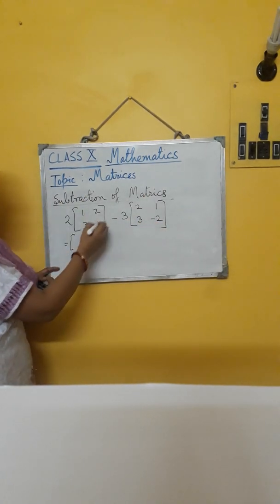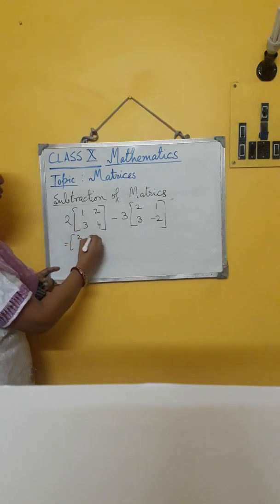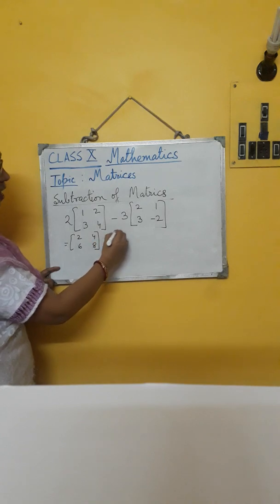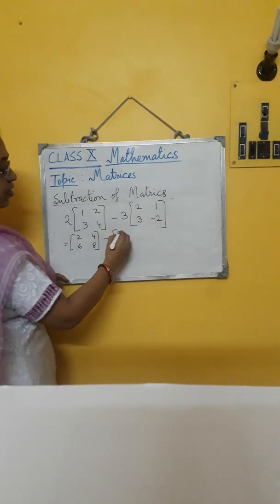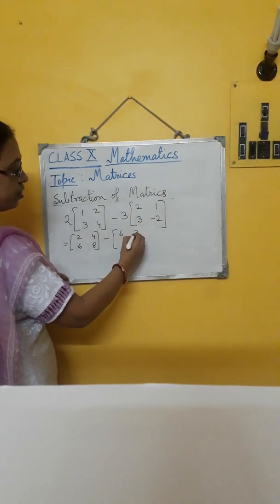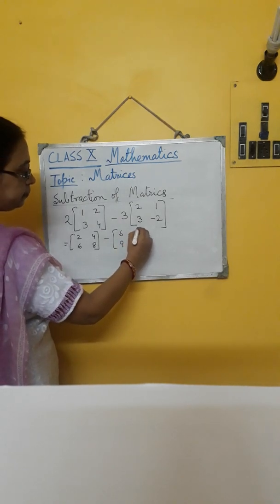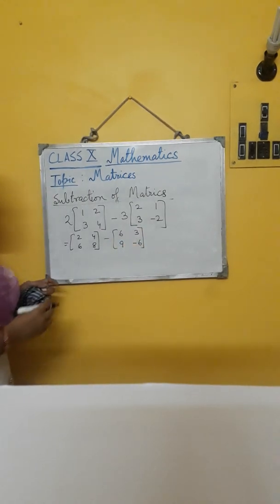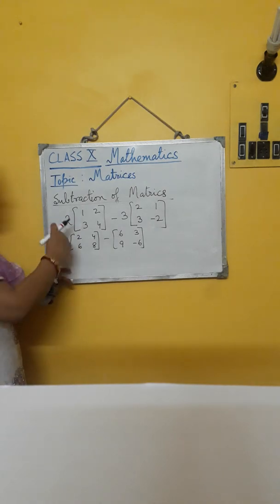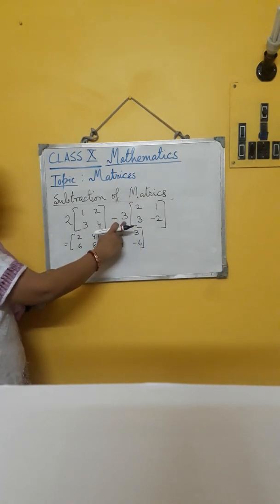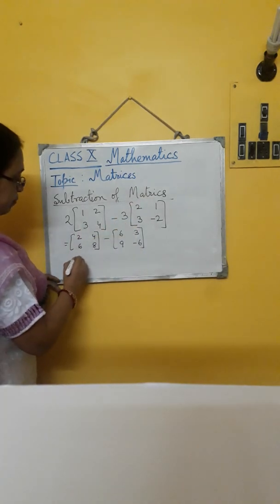First I will multiply the numbers. We are getting 2, 4, 6 and 8. And here I am multiplying all the elements with 3, that is 6, 3, 9, 6. So before subtraction, I multiply the elements with the number 2 outside, and here the elements are multiplied with 3 outside, and then I subtract.